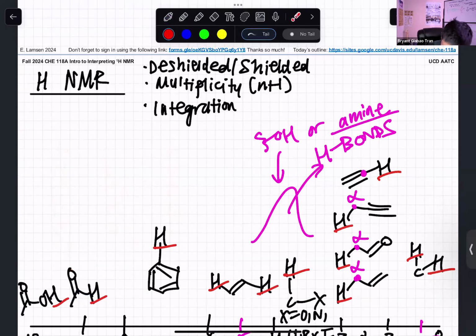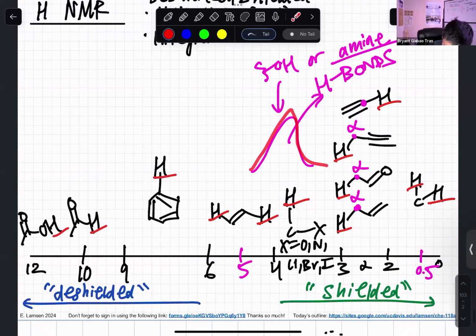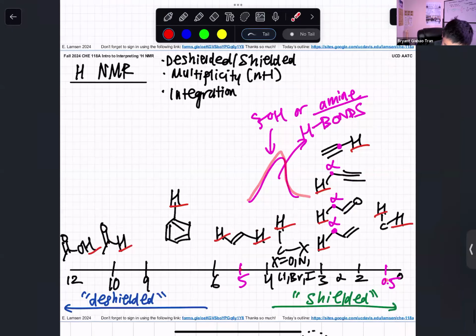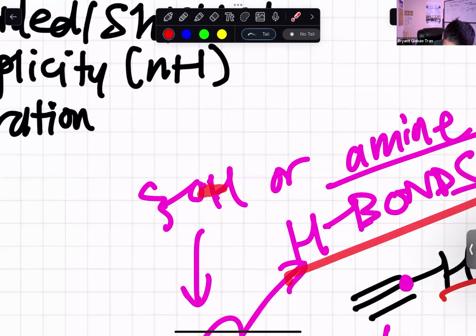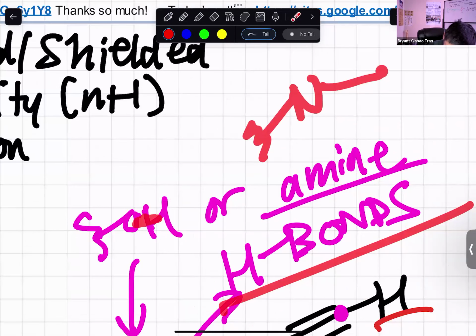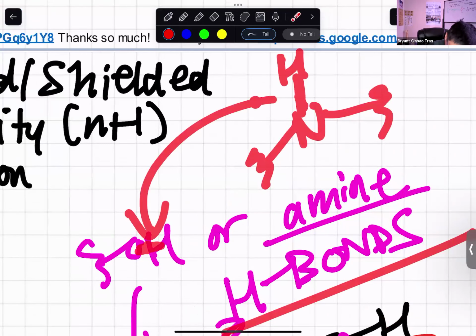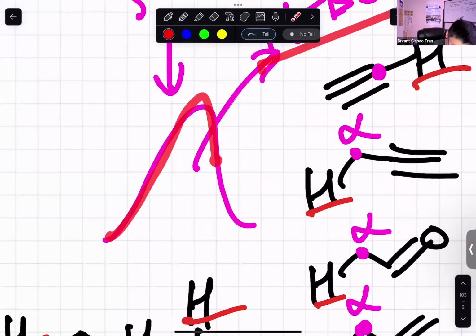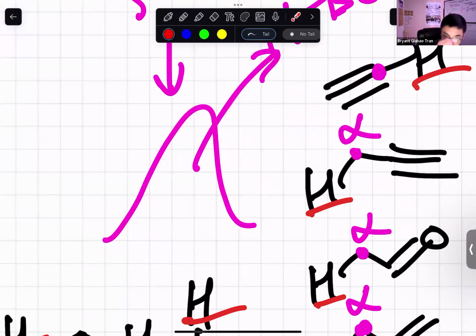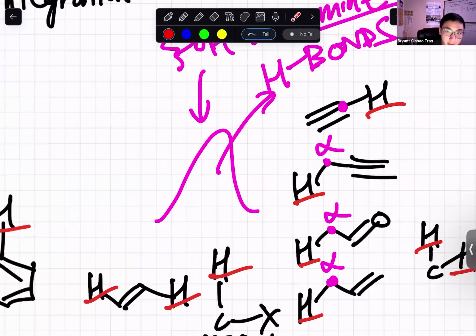But if you see a broad peak like this, around 0.5 to 5, then that's going to be because we have an H bond. Like if you have an alcohol here, the H bond is between that hydrogen and oxygen. If you have an amine like this, the H bond is between this hydrogen and that nitrogen right there. And because of that H bond, where the H is bonded to fluorine, oxygen, or nitrogen, that makes the peak broad on the HNMR.